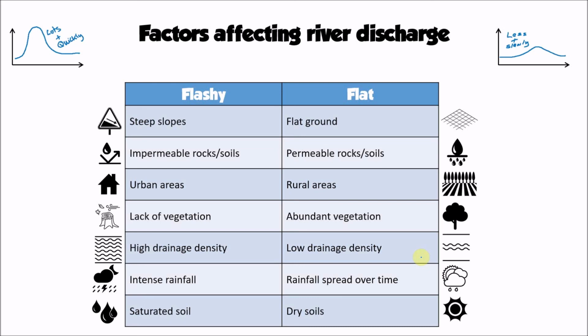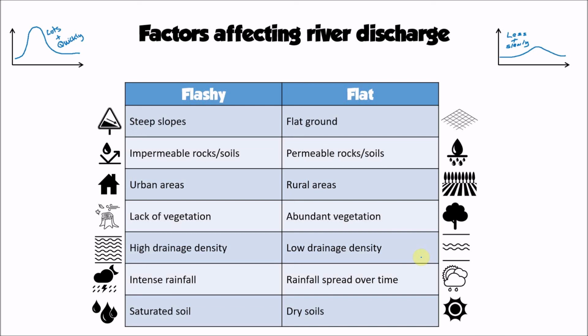That means that it simply hasn't got any space to absorb any rainfall from the next rainstorm, and therefore surface runoff is likely to happen, and that water is going to end up being transferred to the river quickly. If it's been relatively dry beforehand, then we might have a bit of a soil moisture deficit, or dry soils that are going to allow water to infiltrate them because they've got some space.